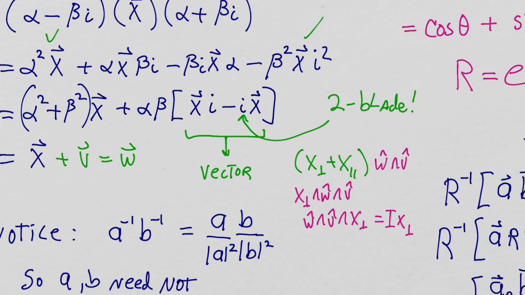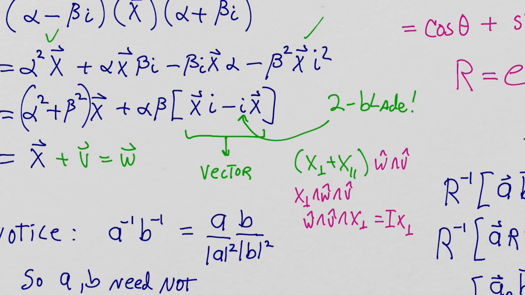So this guy, well, if I flip x once, I pick up a minus sign, and then I flip it over here, that minus sign goes away, so I get this. So x perp I equals I x. So the perpendicular parts end up canceling, right? Because you don't lose this minus sign.